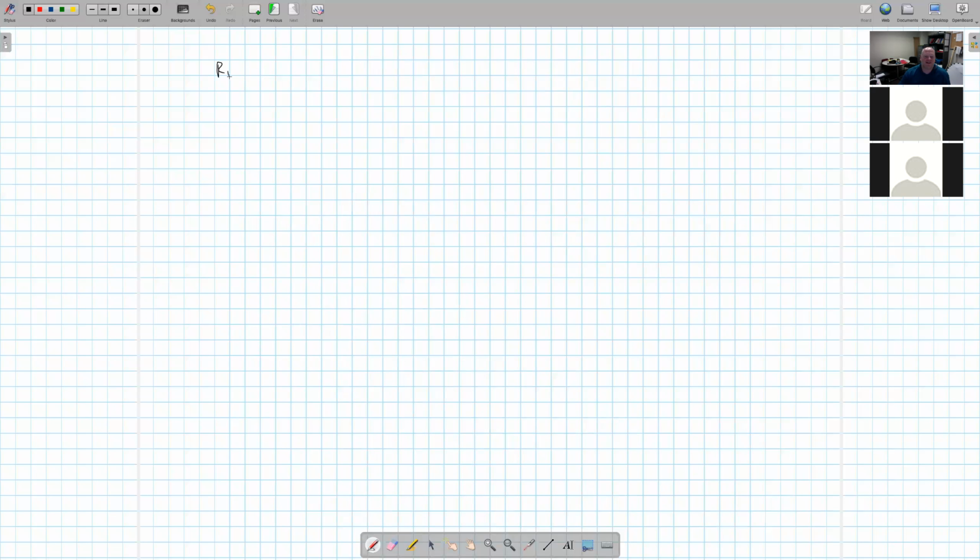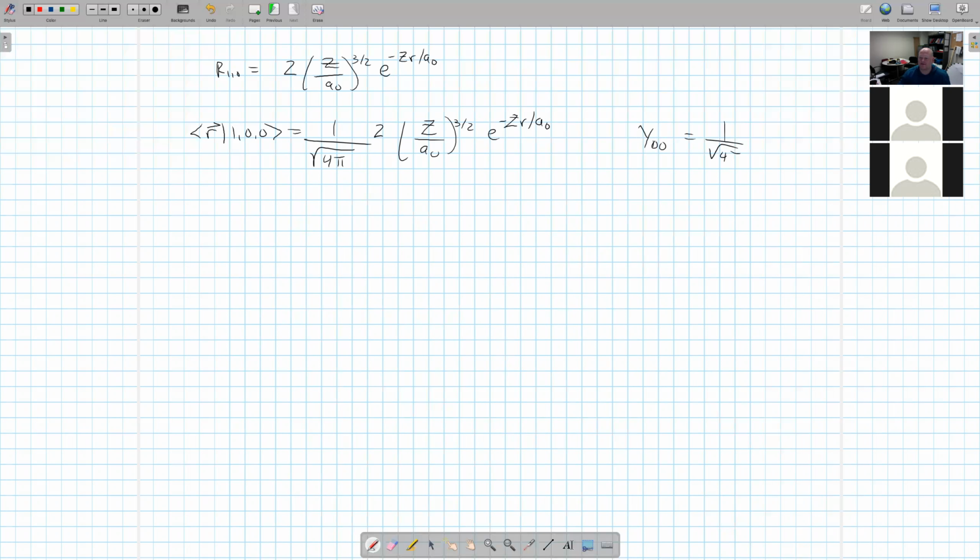Put all this together, we finally get R10 equal to 2 times z divided by a0 raised to the 3/2 power times e to the minus zr divided by a0, which means our wave function for 1,0,0 is equal to this times Y0,0, but Y0,0 is simply 1 over the square root of 4 pi. So times 2z divided by a0 to the 3/2 e to the minus zr divided by a0, where Y0,0 is equal to 1 over the square root of 4 pi. It's just a constant.